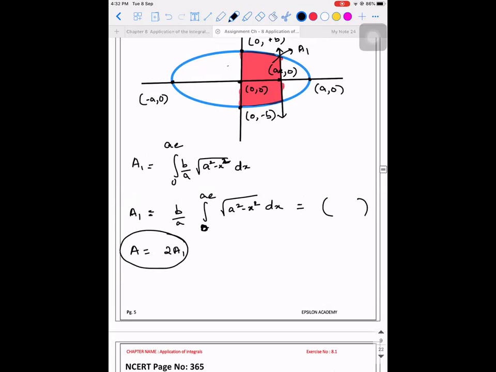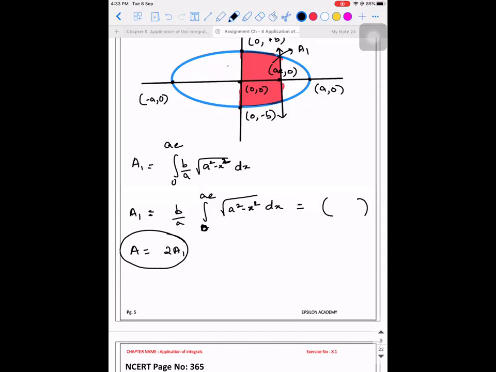So I hope you understood how to form the equation, right? Are you done?